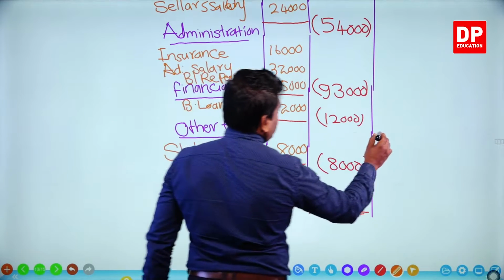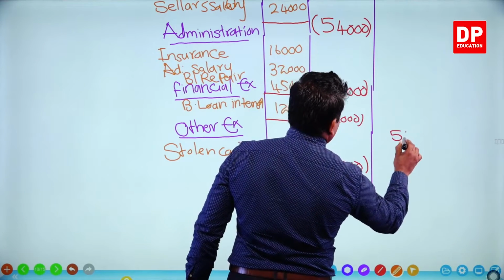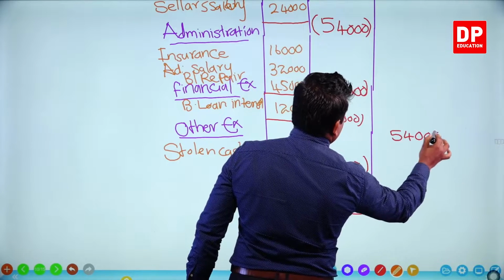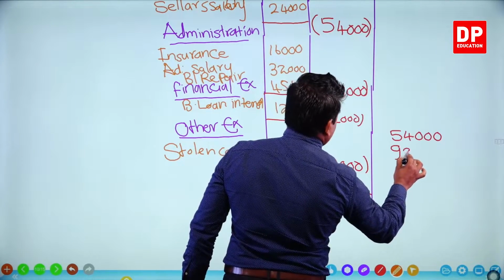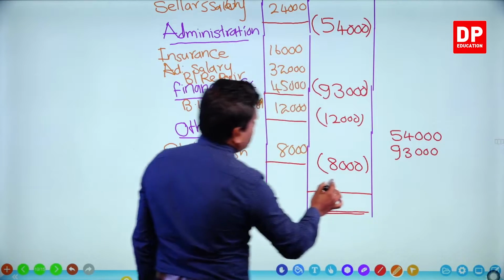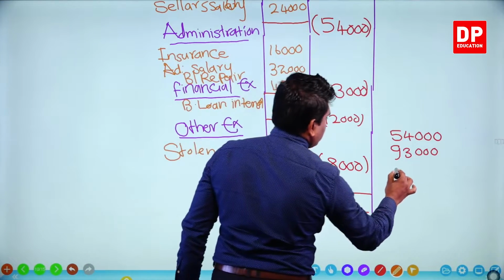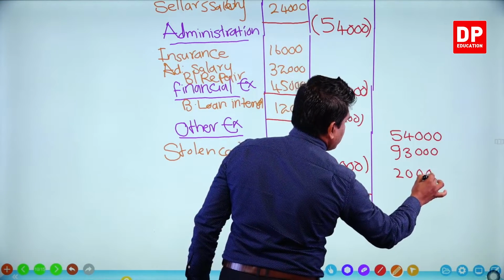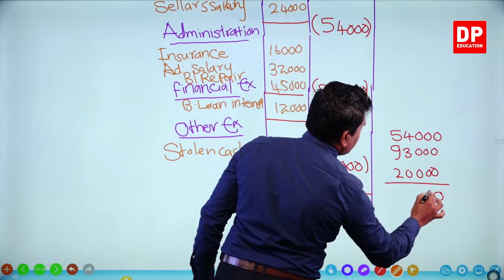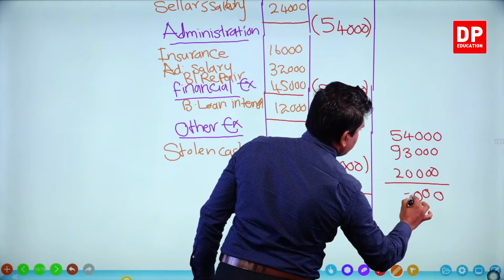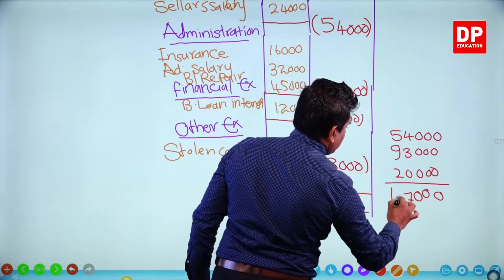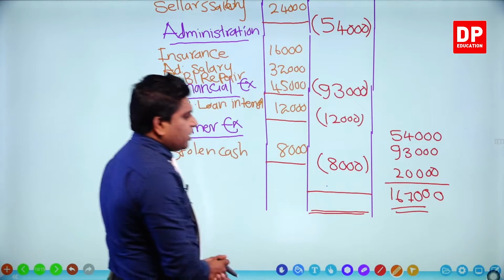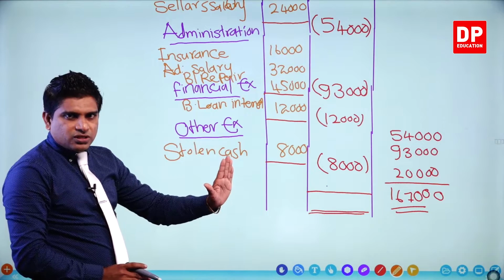Now we put here 54,000, here 93,000, and these two 20,000. We can find the total of these. Then 0, 0, 0, 7. Then 167,000 is the total expenses, right?